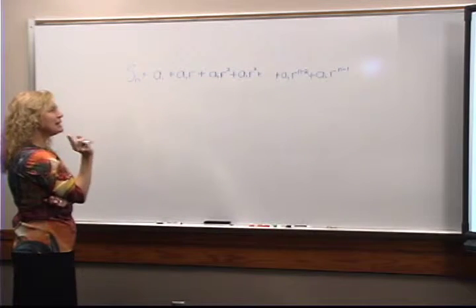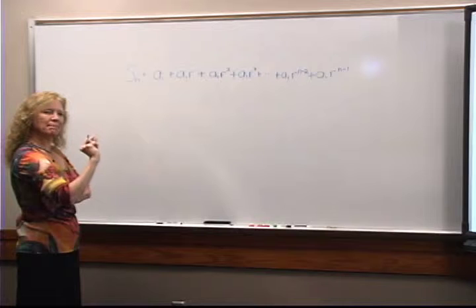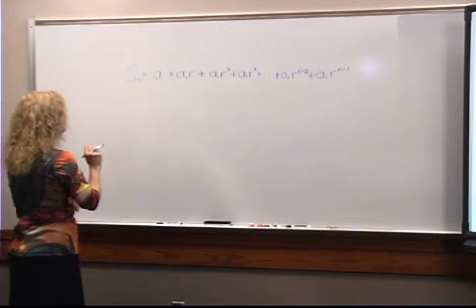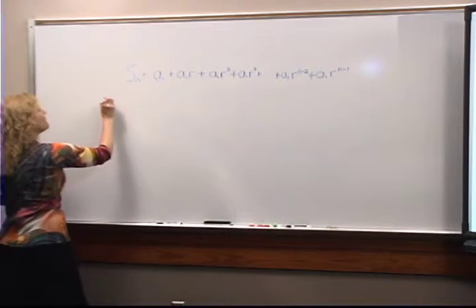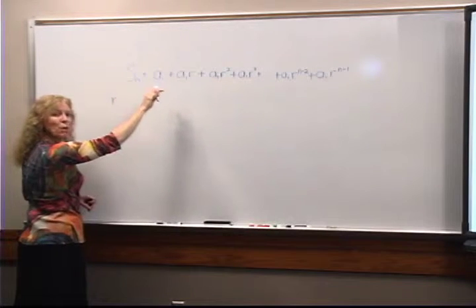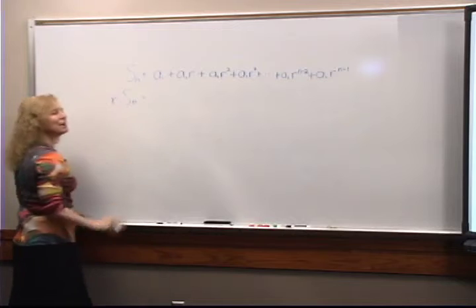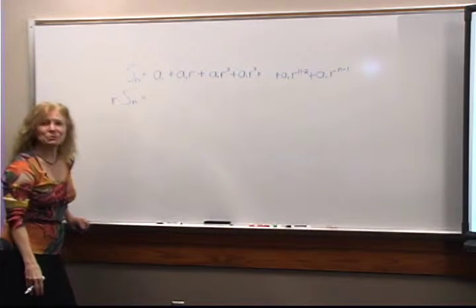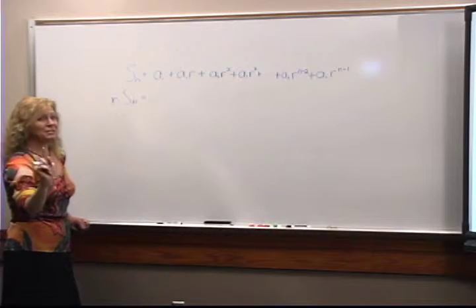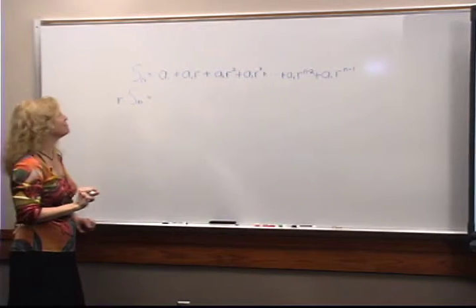Here's the only thing that you have to remember gets done in this derivation. Multiply all the way through this equation times r. Now you might say, why would I do that? Be patient, you'll see where it gets us, okay?